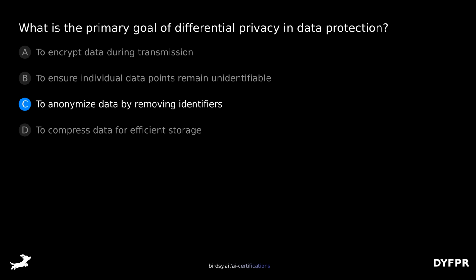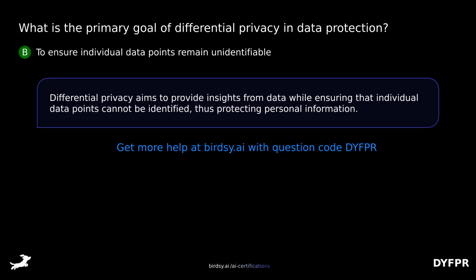C, to anonymize data by removing identifiers? Or D, to compress data for efficient storage? The answer is B, to ensure individual data points remain unidentifiable. Differential privacy aims to provide insights from data while ensuring that individual data points cannot be identified, thus protecting personal information.